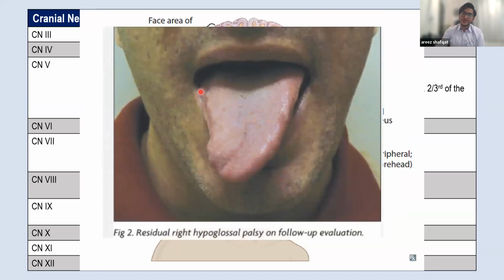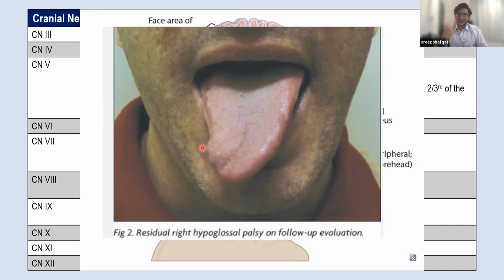This is just to remind you, because contralateral, ipsilateral gets even me a bit confused sometimes, that hypoglossal nerve palsies always deviate towards the side of the lesion, all right? Tongue deviates towards the side of the lesion in a hypoglossal nerve lesion. So how I usually remember it, deviation of the jaw and deviation of the tongue is towards the side of the lesion.